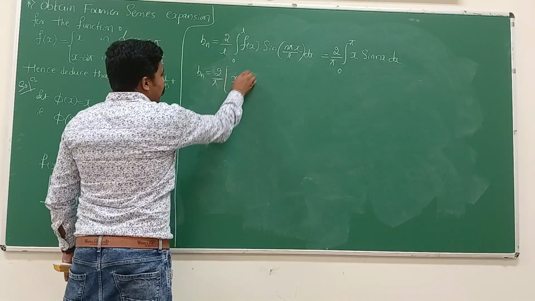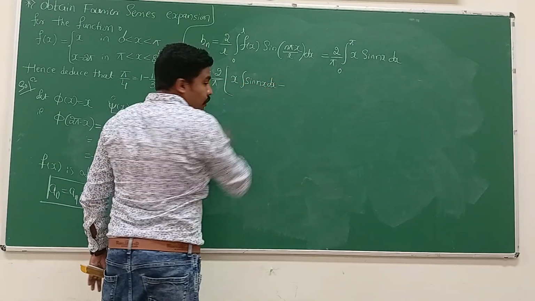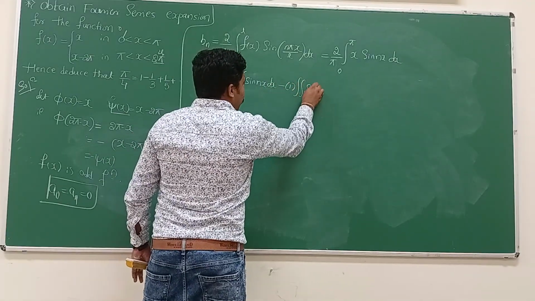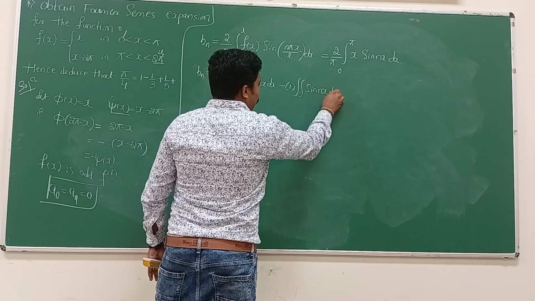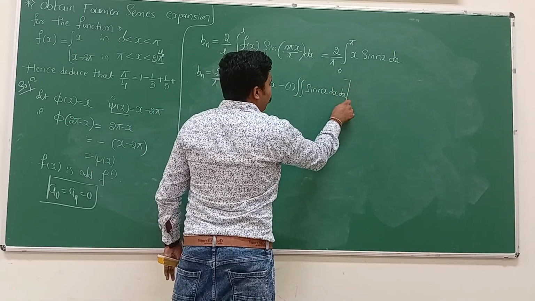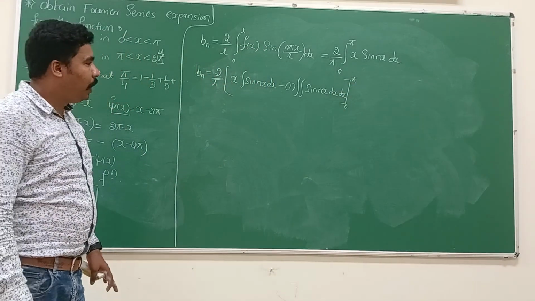We have to operate. So bn equals 2 by pi, integration by parts: x as it is times the integral of sine nx dx, minus the differentiation of x, which is 1, times the double integral of sine nx dx. The next differentiation will be 0, and 0 into something is 0, no need to write that. Between 0 to pi.